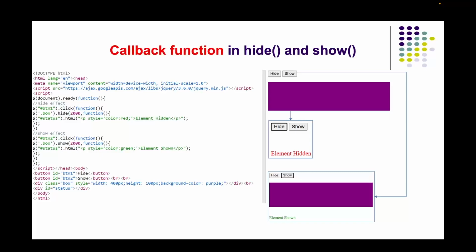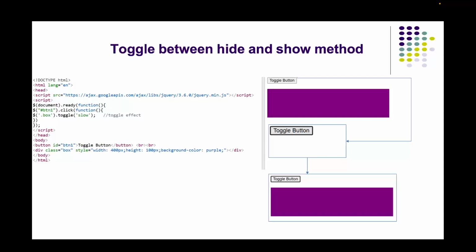So this ensures the text element appears only once the box is actually gone. Instead of two buttons, one for hide, one for show, we can use toggle. It intelligently switches between the two states automatically.